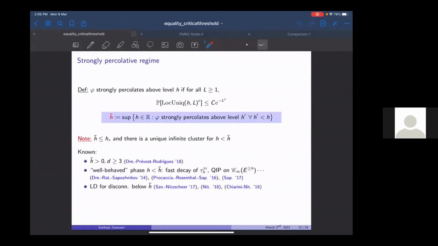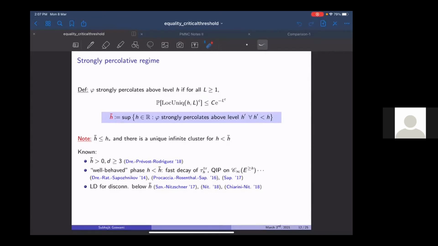Now, what is known about h bar and h*, except the obvious one that I just told you? One interesting thing came out in the work by Drewitz, Prévost, and Rodriguez in 2018, where they proved that h bar is strictly bigger than 0. What is the significance of that?